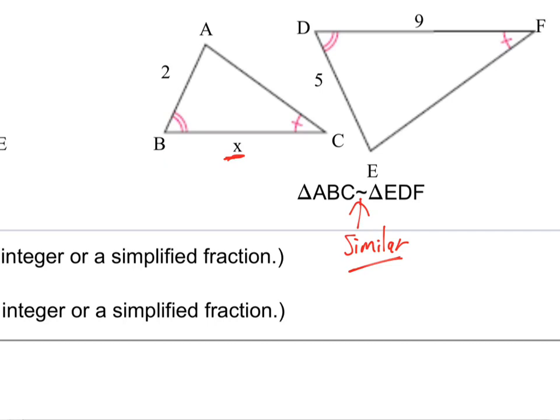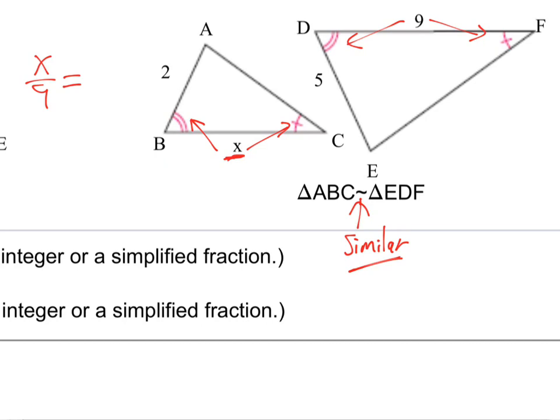Who plays the same role in the triangle on the right that x plays in his triangle? Who corresponds with him? You have to look at the angle marks. That's probably the best way to tell. See, the x is the one sitting between the single and the double. So who sits between the single and the double in the other triangle? The 9. So the x goes with the 9, right?